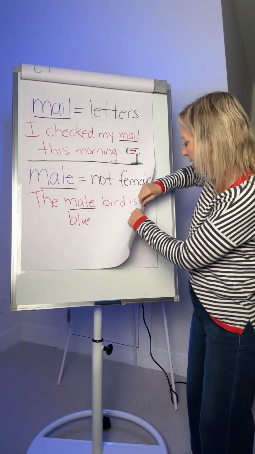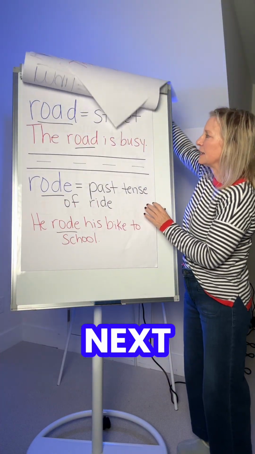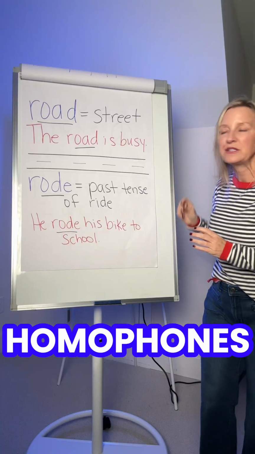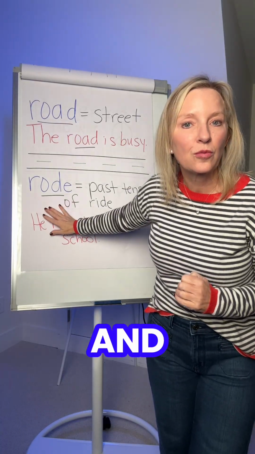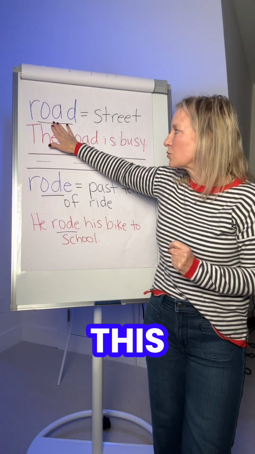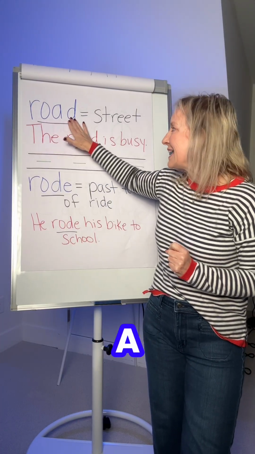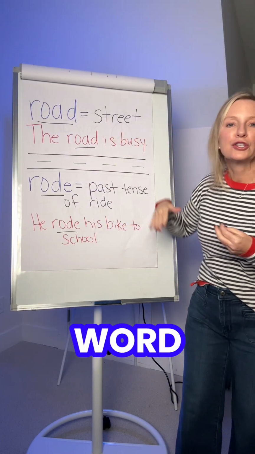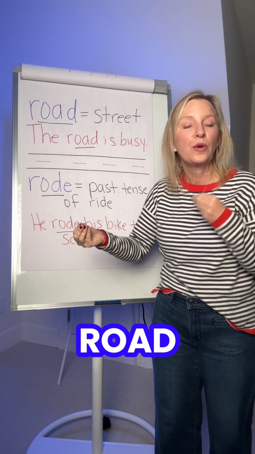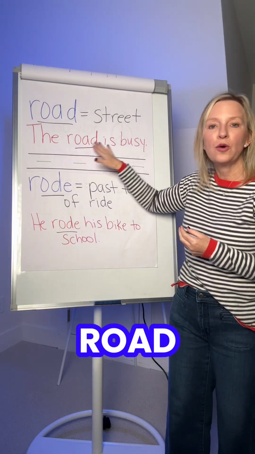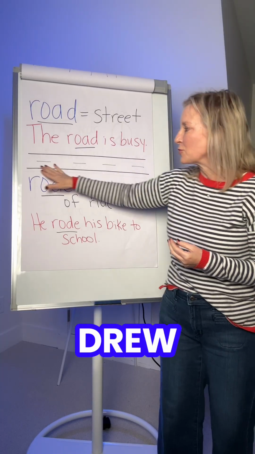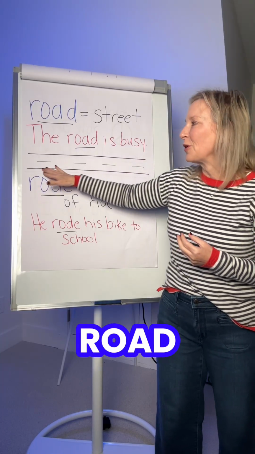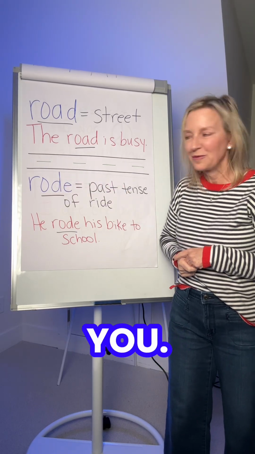Okay, the next set of homophones is road and rode. This road, R-O-A-D, means the same thing as the word street, road and street. The road is busy, and I drew what looks like a road or a street here for you.